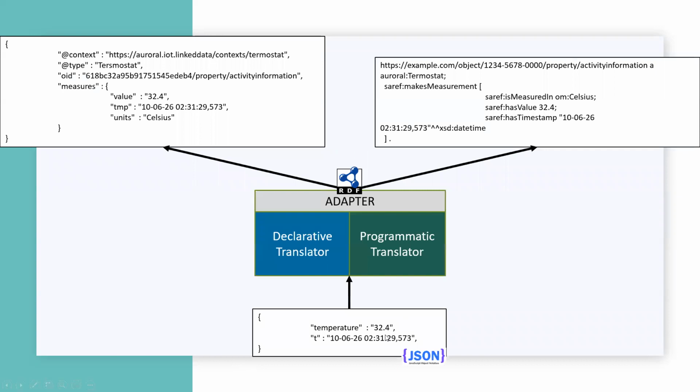Here you can see an example of non-normative data that does not support semantic interoperability. The adapter is dedicated to converting this data to RDF in order to achieve syntactic interoperability, and if the data is aligned to an ontology, semantic interoperability. In this session, we will focus on the declarative translator.